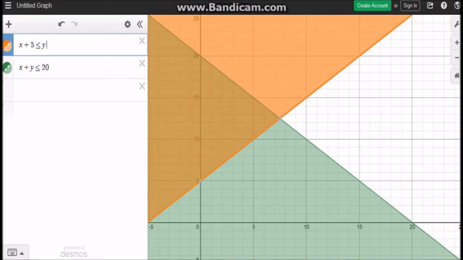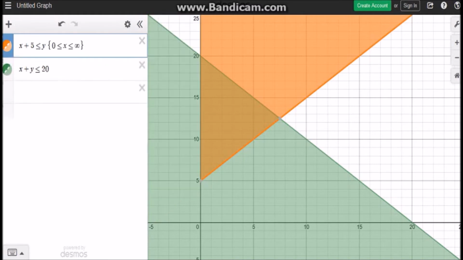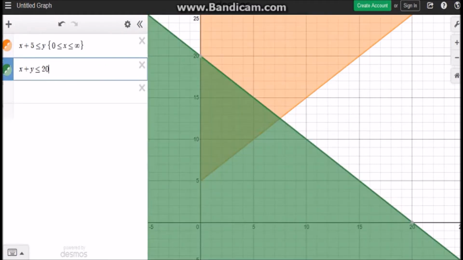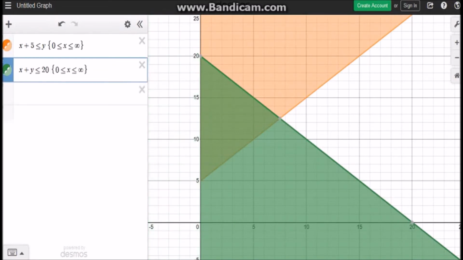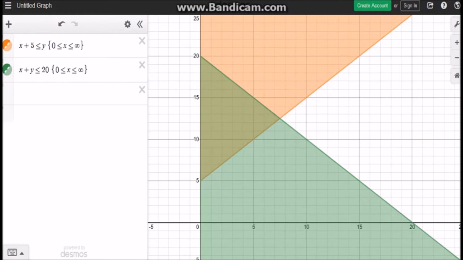So for the yellow part of the graph, restriction looks like this. And for the green part of the graph, it ends up actually being the same restriction because you can't have less than 0 of either boat. Now, what the two inequalities are telling us in a graph is at any point in this region where both the yellow and the green graph overlap, that will be a valid solution to our problem.